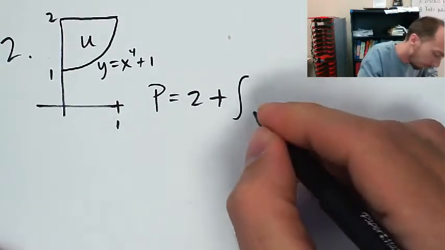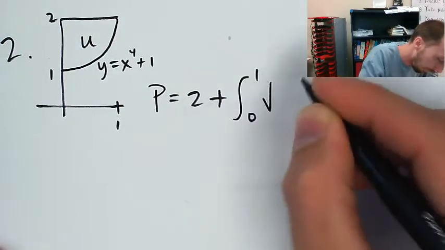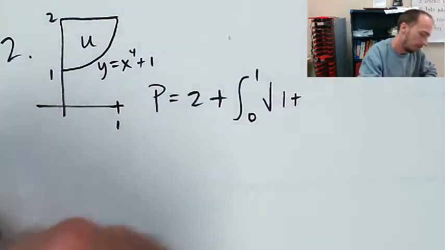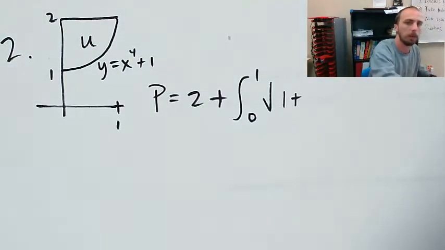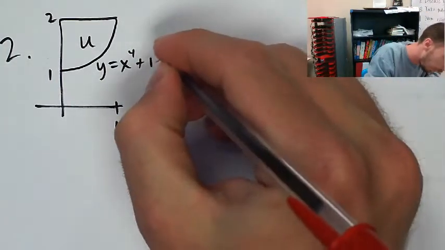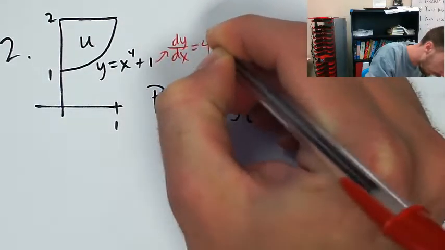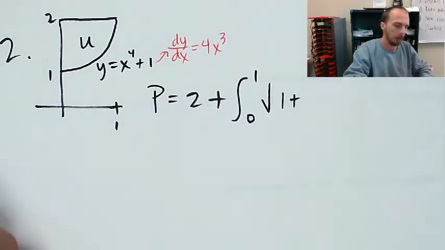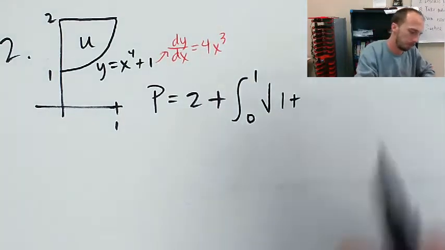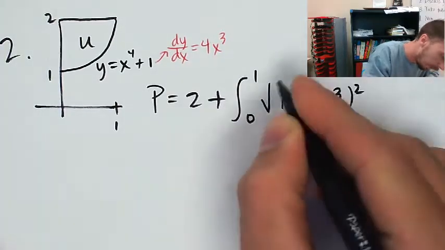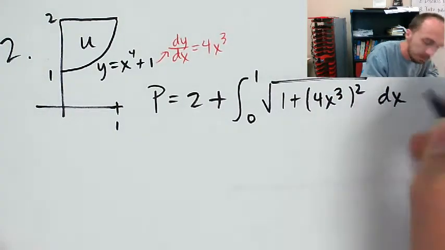Now, the length of the curve is going to be the integral from x equals 0 to x equals 1 of the square root of 1 plus dy dx squared. If y equals x to the 4 plus 1, then dy dx is going to be 4x to the third, pardon me. So it's the square root of 1 plus 4x cubed, squared, dx.